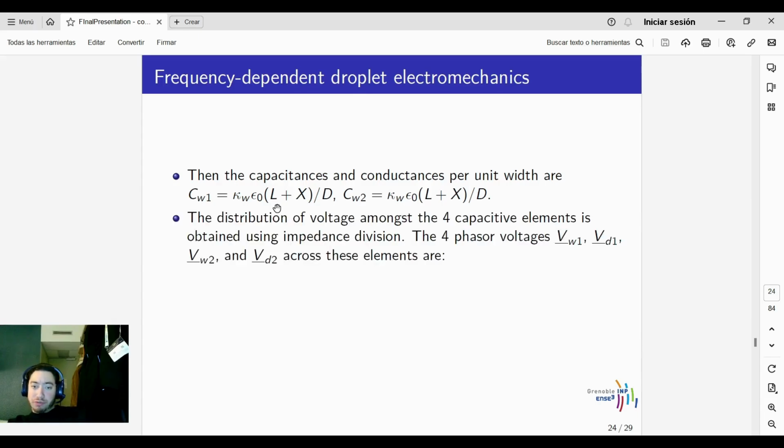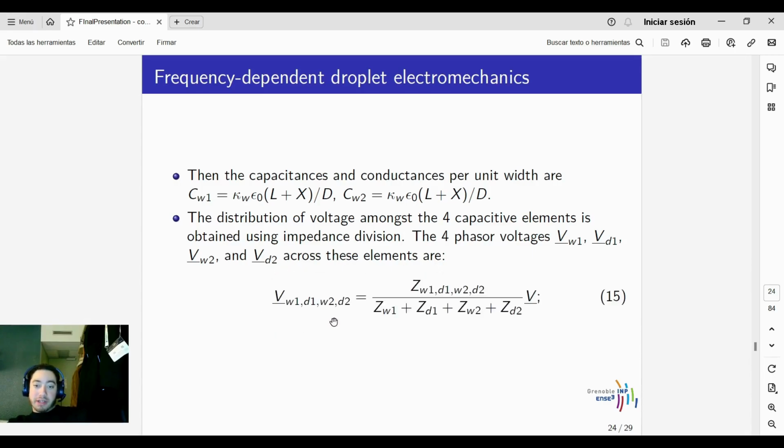Now the distribution of voltage among all these 4 capacitive elements that we defined in the figure can be obtained using impedance division. So we define the 4 phasor voltages, V bars, already discussed, across all these elements.